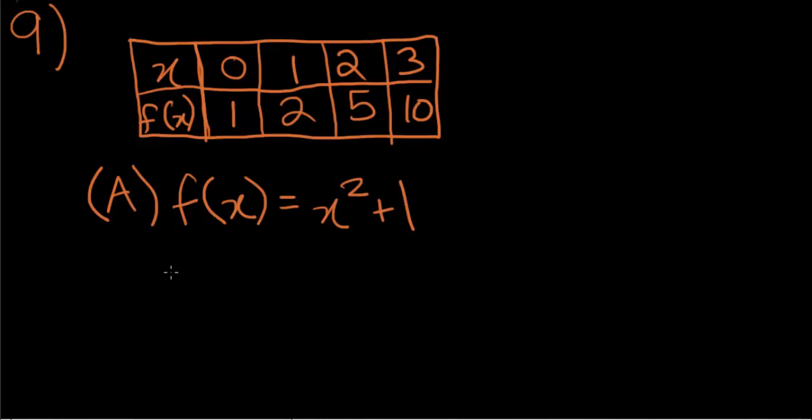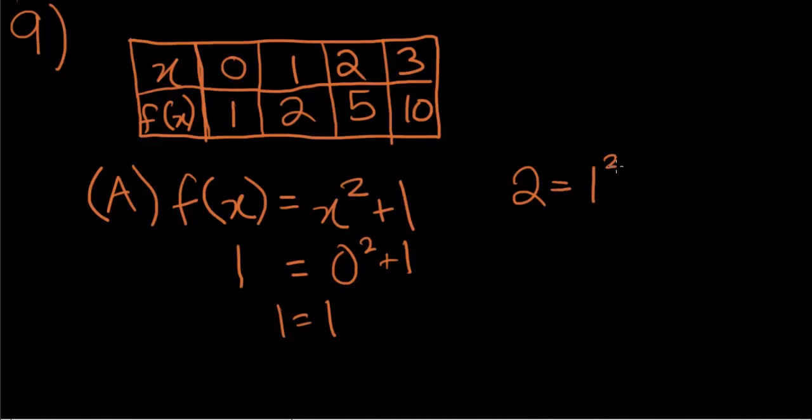So in the first term, x is equal to 0, so f of x, which is 1 in this case, will be equal to 0 squared plus 1, and therefore 1 is equal to 1, which is true. If we try it with the second one, then 2 is equal to 1 squared plus 1, and 2 is equal to 2.